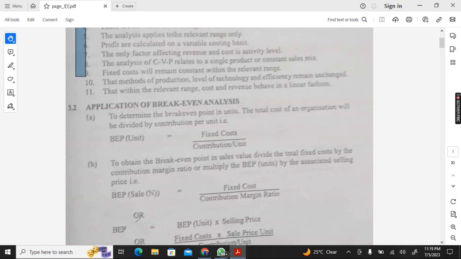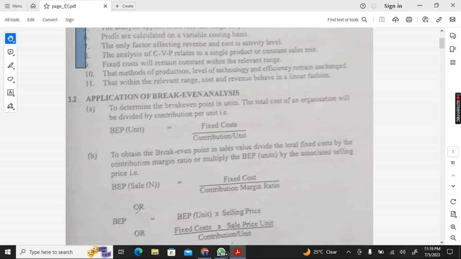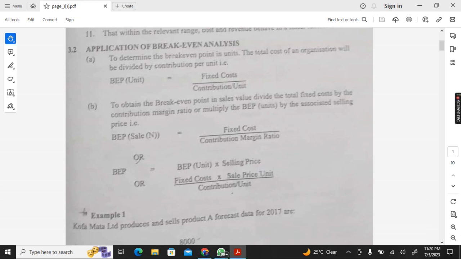This particular one can be confusing, to the extent that in some questions they might not give us some details. So we just need to form it, and that's why we have three alternative formulas here. Now that is after we have gotten our break even point in units.